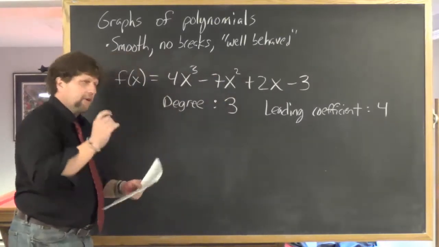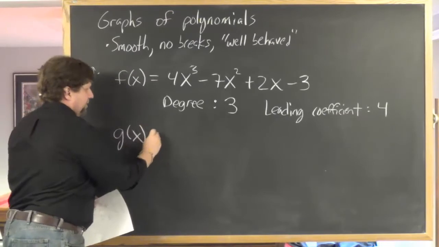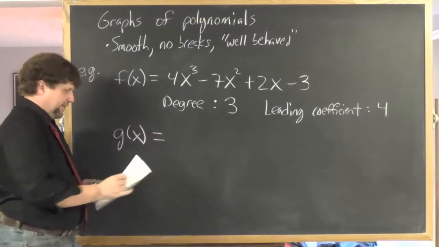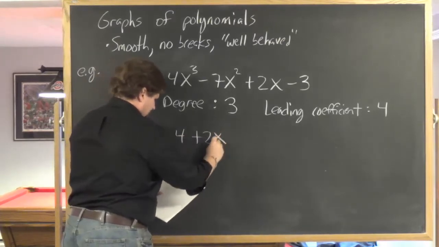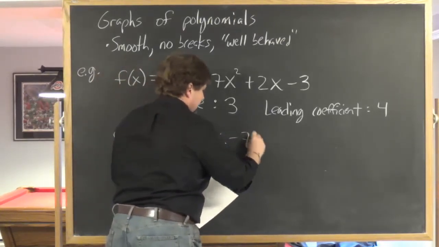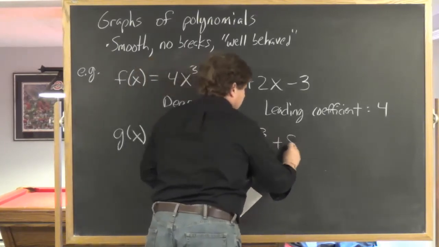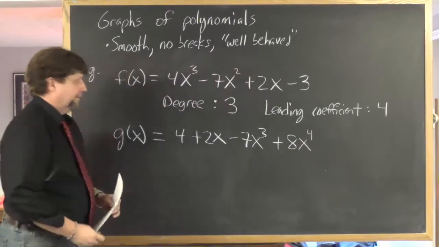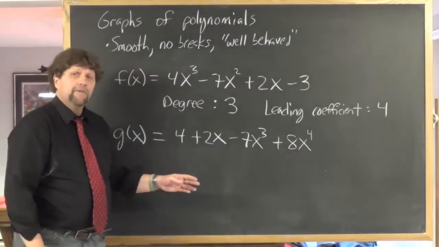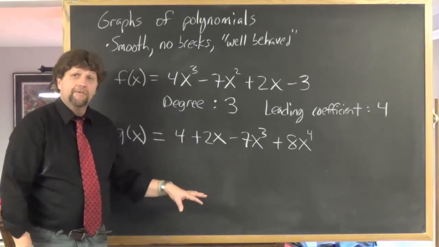Let's look at another quick example of a polynomial function. I'll call it g of x equals 4 plus 2x minus 7x cubed plus 8x to the 4th. Well, that's a polynomial function. I don't see any radicals. I don't see any variables in the denominator of a fraction.